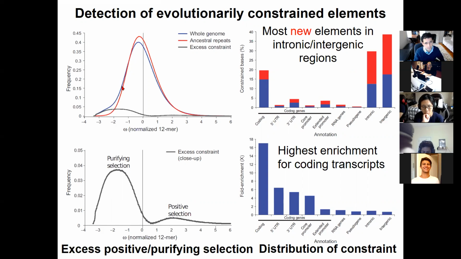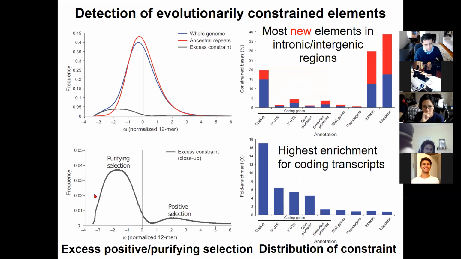And using this, we can estimate by comparing the blue and the red curve that there's this excess constraint in the purifying selection side. But if you scale up this curve of the difference between the whole genome in blue and the ancestral elements in red, and these are ancestral repeat elements, which we expect are not very heavily constrained, we can use these red elements to estimate the excess constraint.